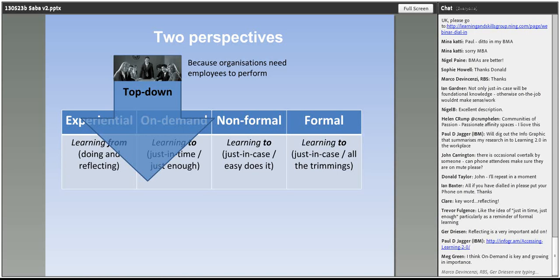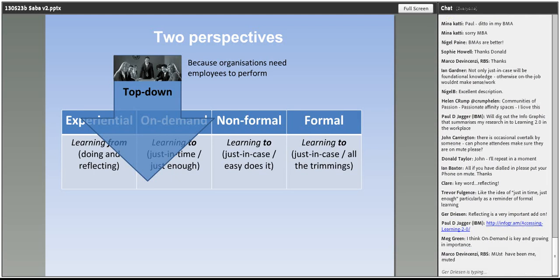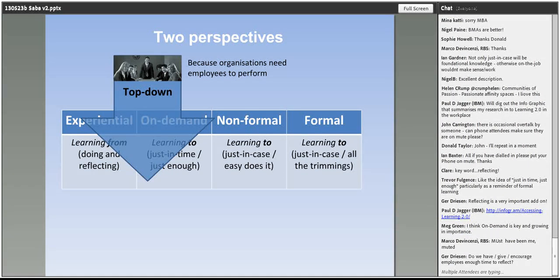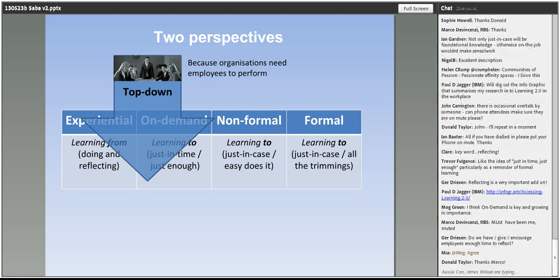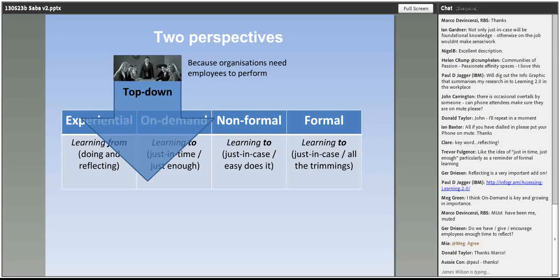Clive, back to you. Yeah, Don, I think that these four contexts can all be viewed from two perspectives, and this is a very important aspect of what we're talking about today when we talk about social learning. The top-down perspective has a motive, which is that the organization needs its employees to be able to perform if it's going to be able to fulfill its own strategy and objectives.